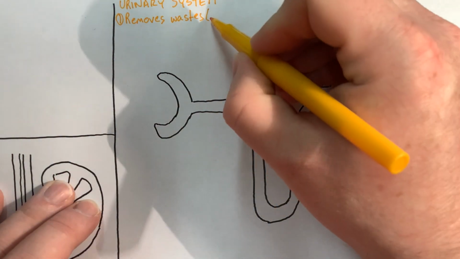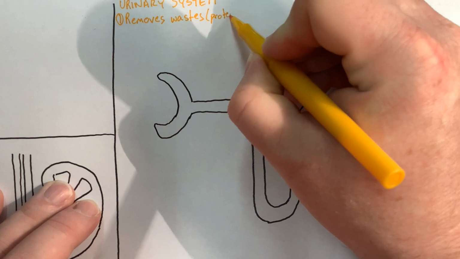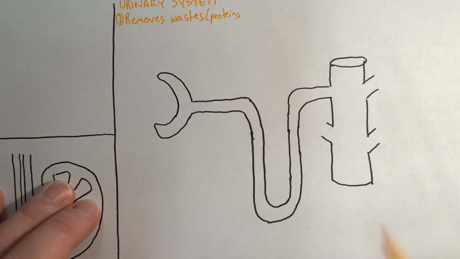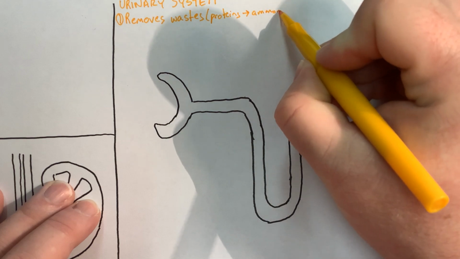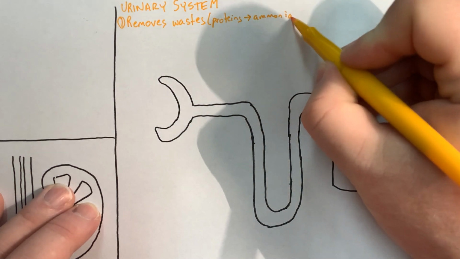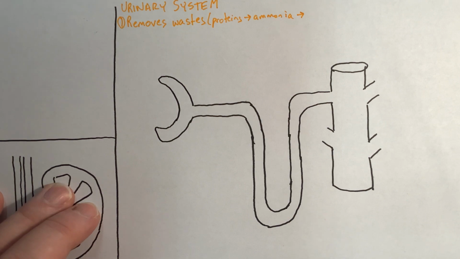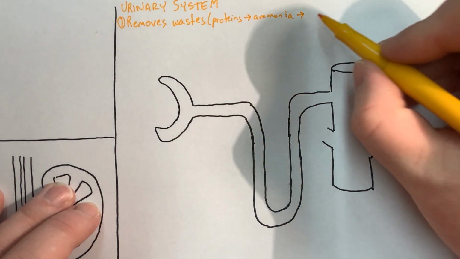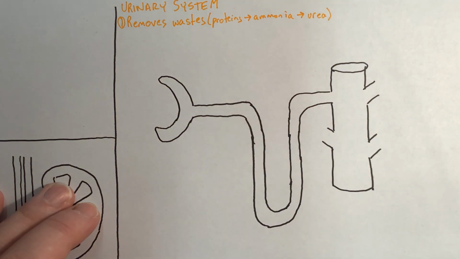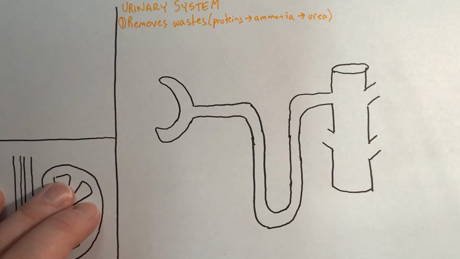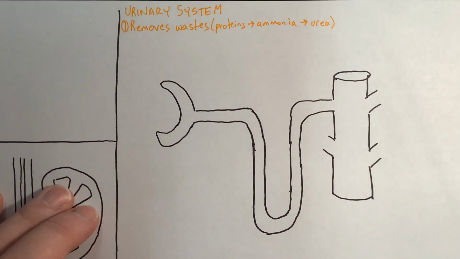When our body uses proteins, it breaks down those proteins, and a resulting waste product is ammonia. And ammonia is really toxic to our body. So our body converts that ammonia to urea, and that is our nitrogenous waste. The urinary system is going to be getting rid of that. And that's why urine is called urine, because it has to do with urea.